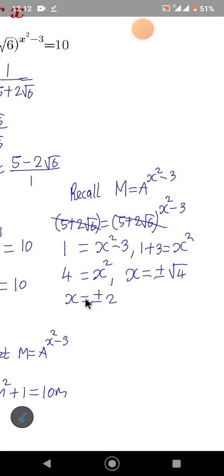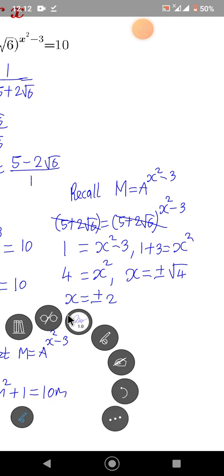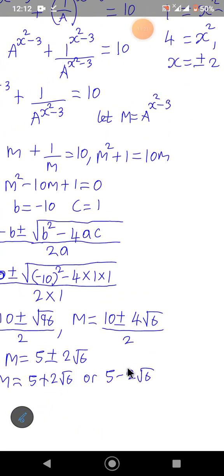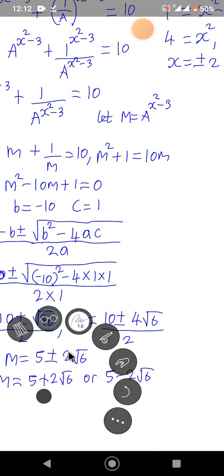Now, this solution for x was gotten when m is equal to 5 plus 2 root 6. Now, let's look at a situation whereby m is equal to 5 minus 2 root 6. Recall that m is 5 plus 2 root 6 or 5 minus 2 root 6, so I'm going to use this one as m. So let's continue.